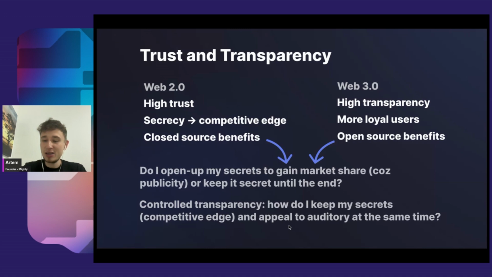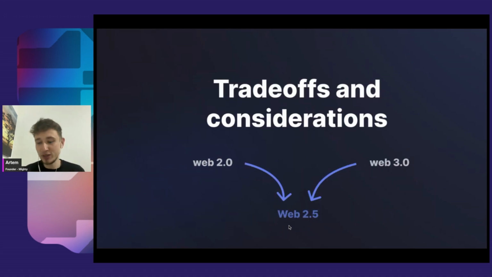I want to outline the Web 2 way and the Web 3 way, and then come to some form of middle ground. And just to outline before, there is no one-size-fits-all solution at all here.